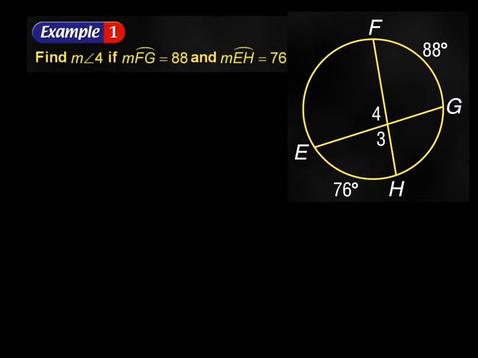Find the measure of angle 4. The measure of arc FG is 88, and the measure of arc EH is 76. This is really set up to find angle 3 first. The measure of angle 3 equals 1/2 the sum of the two arcs they gave us, so 76 plus 88.